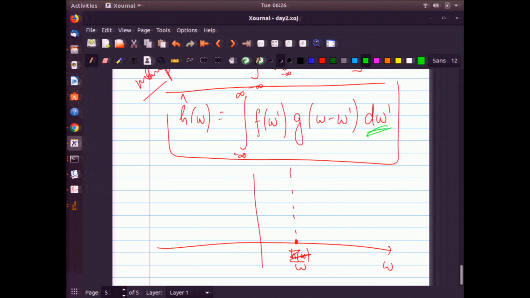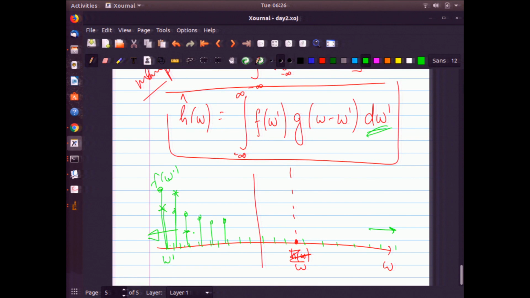So for all omega prime, it's continuous, but I'll just show it like that, you want to go from negative infinity here to infinity. And for all of those, you will take f of omega prime. So let's say this is f of omega prime at each of the omega prime locations. You'll take g of omega prime, maybe the star.